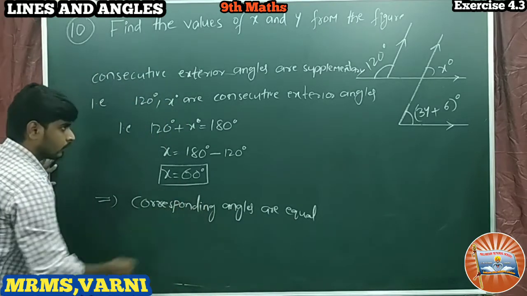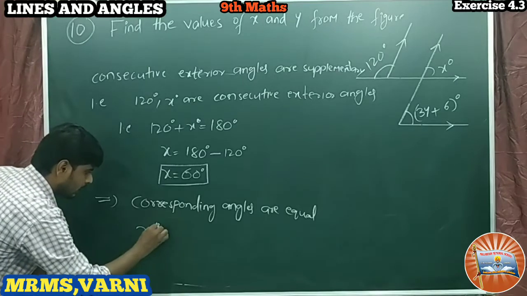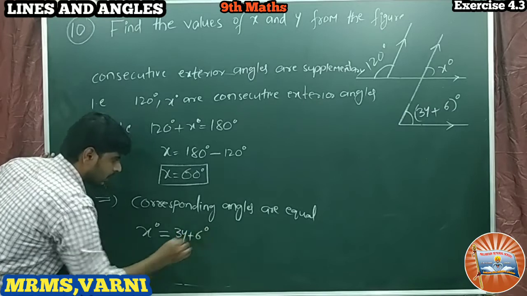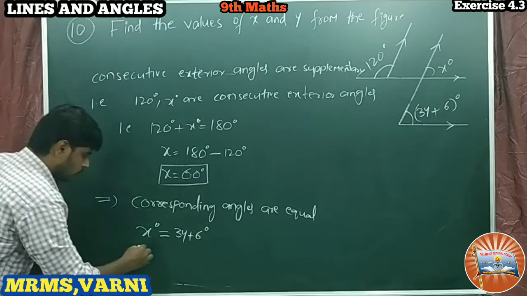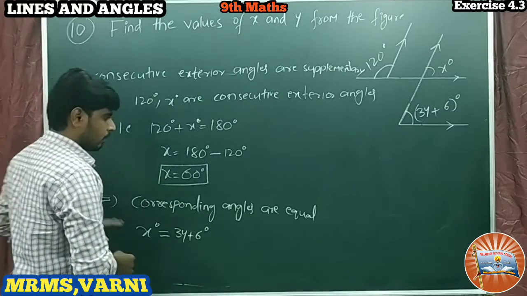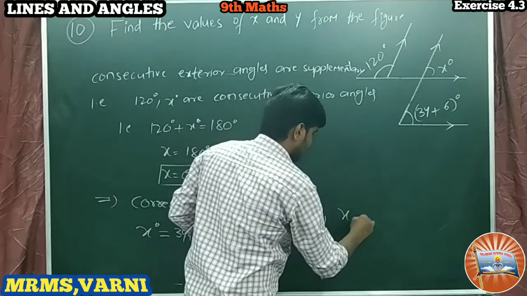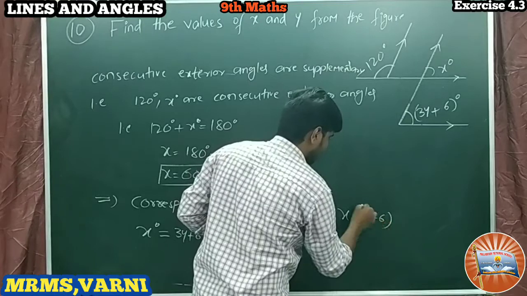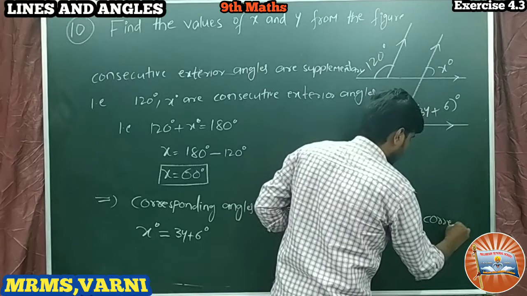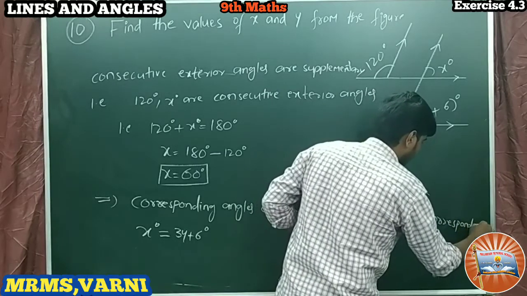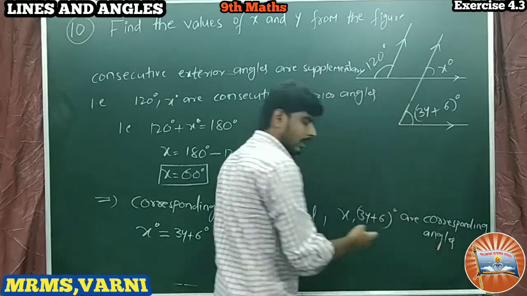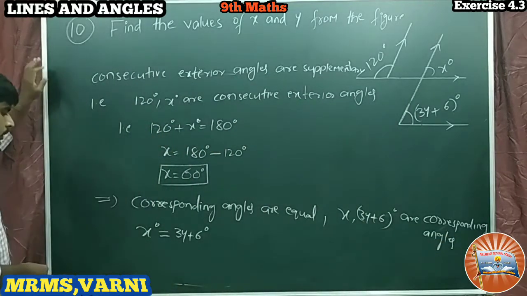So right now x degrees is equal to 3y plus 6 degrees, isn't it? So we have to write one more step here, that is x, 3y plus 6 degrees are corresponding angles and they are equal. So x degrees is equal to 3y plus 6 degrees.